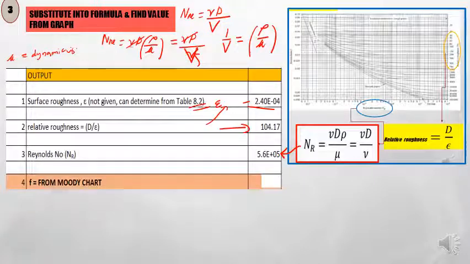And this is the value on the other axis. Okay, you need this info, and you already have the info for Reynolds number. Okay, so you just substitute it into here, which is 5.6 times 10 to the power of minus 5, which is somewhere here. Okay, and you get your D over E, which is about 100 something. So maybe at the top here.